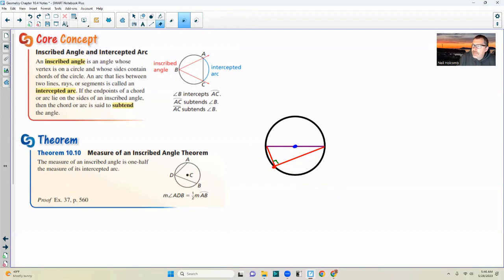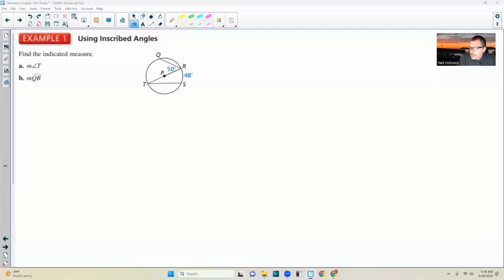So let's take a look at it in some examples. Okay, Example 1, using inscribed angles, find the indicated measures. I need to find the measure of angle T. The measure of angle T is right here. Okay, notice point T is on the circle. TS is a chord, and TR is a chord, but it's also a diameter.